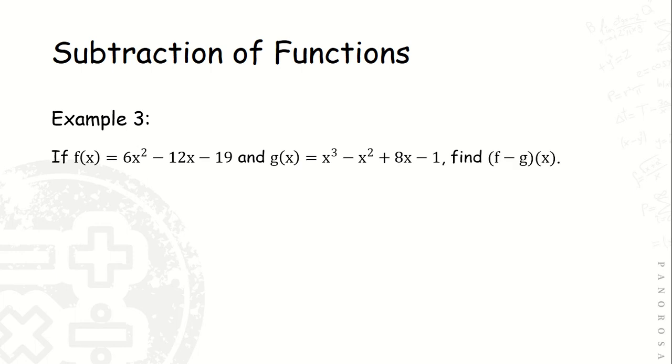Example, if f of x is equal to 6x squared minus 12x minus 19, and g of x is equal to x cubed minus x squared plus 8x minus 1, find f minus g of x. So we will find for the difference of the given functions.